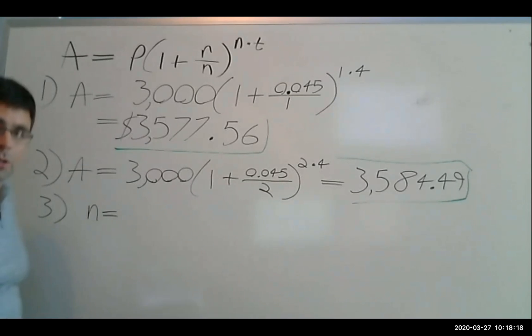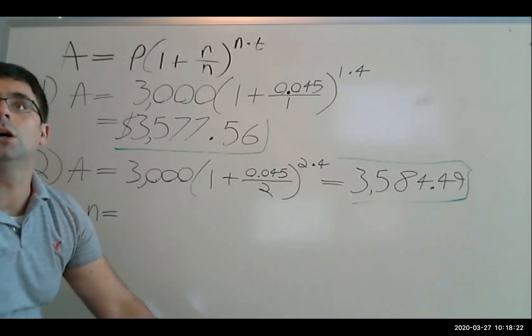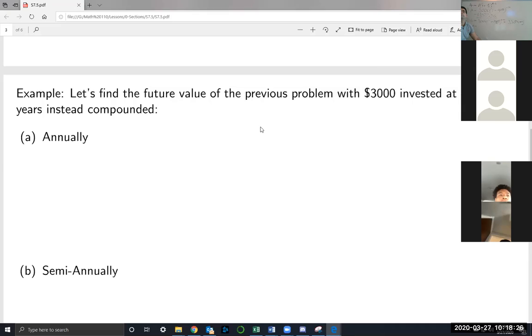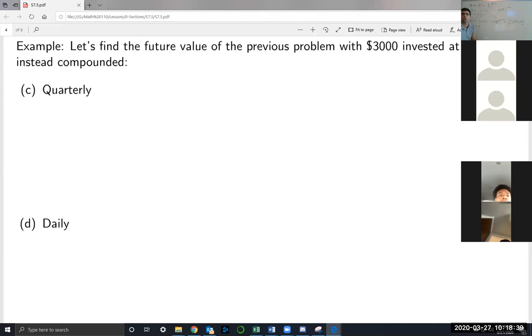If I said you were going to compound it quarterly, so quarterly, 4, wasn't it? Yeah. 4. And what about daily?